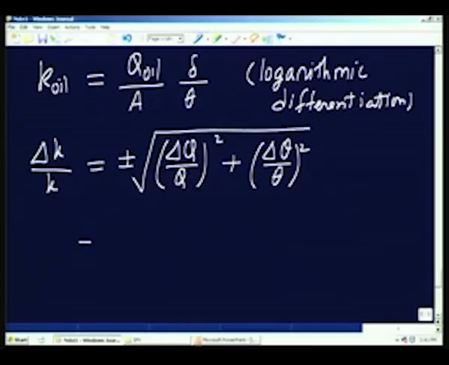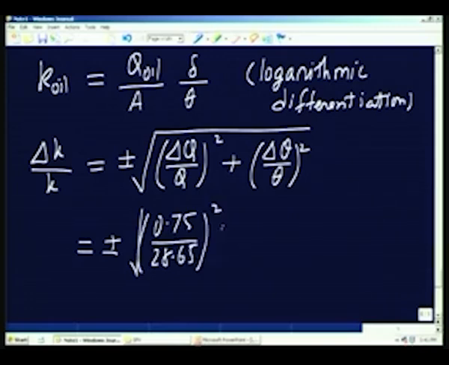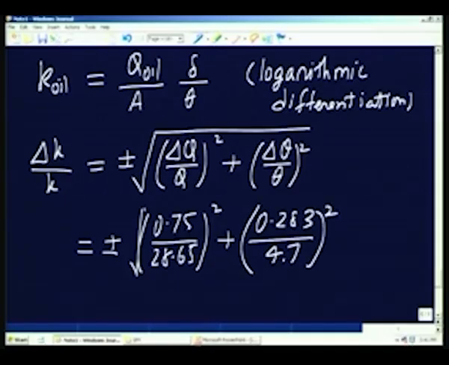So, this will be plus or minus square root of delta Q is 0.75 divided by 28.65, which is the estimated value of Q, plus delta theta by theta is 0.283 divided by 4.7 whole squared. This will give you, if you want you can multiply by 100 to get the percentage value. So, this will be 6.6%.